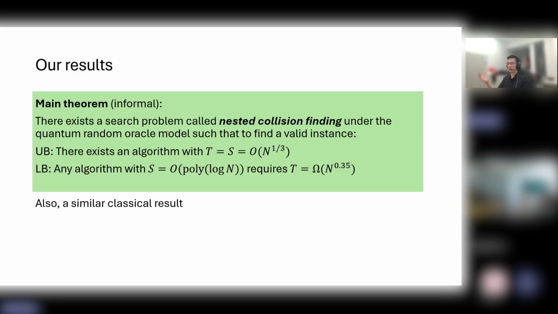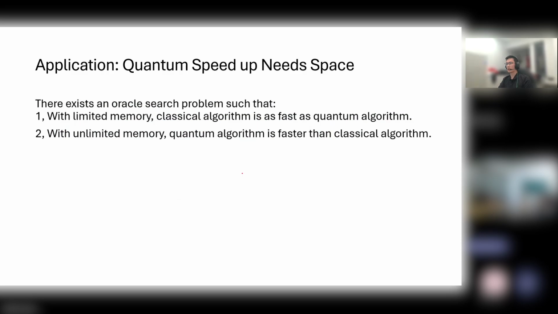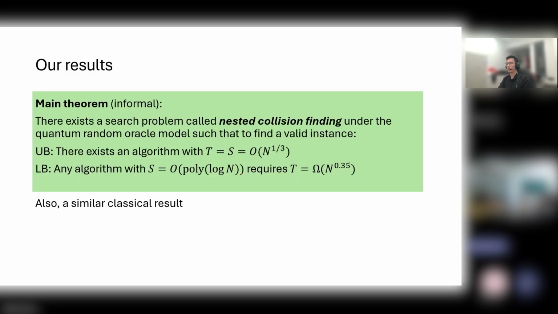Also, we have a similar result for the classical case, but there it's not 1/3 and 0.35, it's some other real number, but the same type of result. So you're given access to a random oracle from n bits to n bits, and you have to recursively compute it and find a collision. Is that the problem? No, actually, you have multiple oracles.